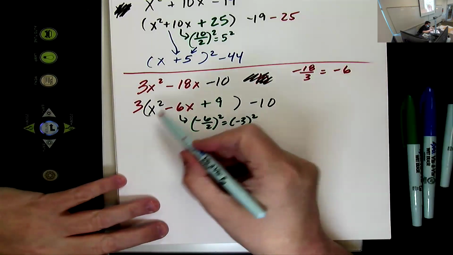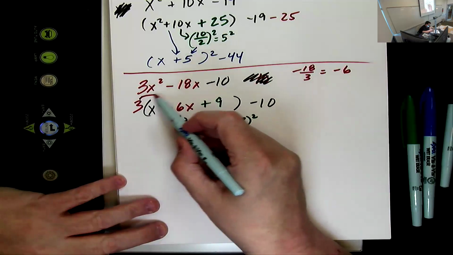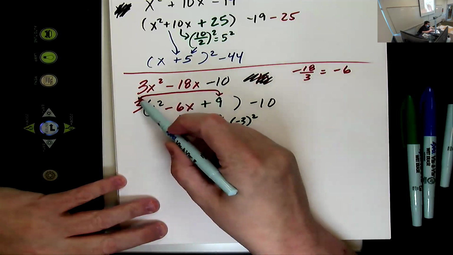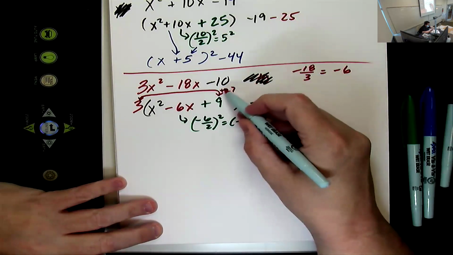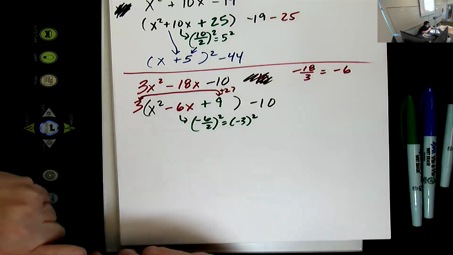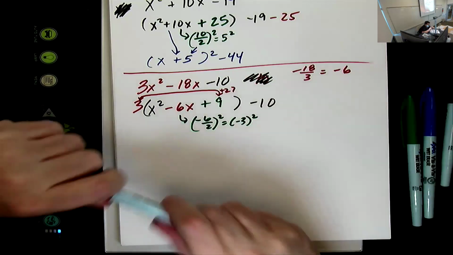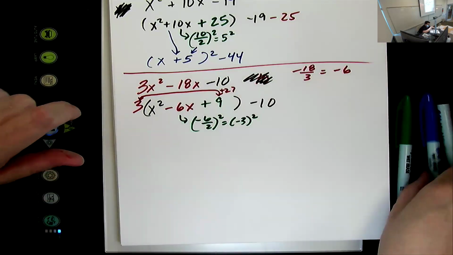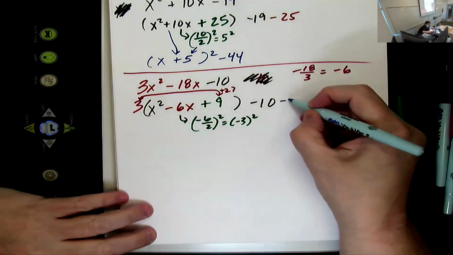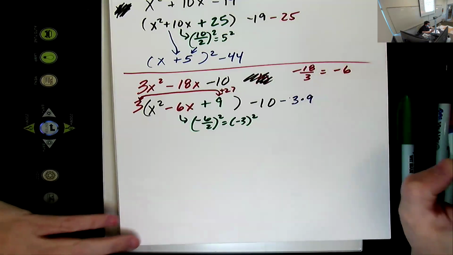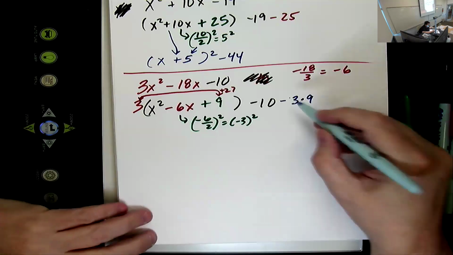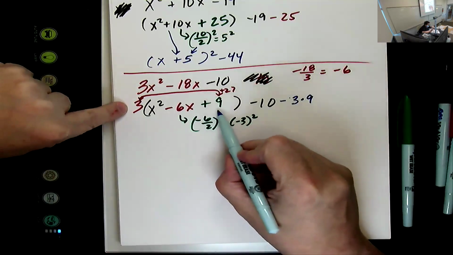But collectively, I've added 3 times 9, which is 27. So I've really overall added 27, which means that's what I have to subtract: -27, or I could just say -3 times 9. That might be the easier way to show it, so you can see where it came from.